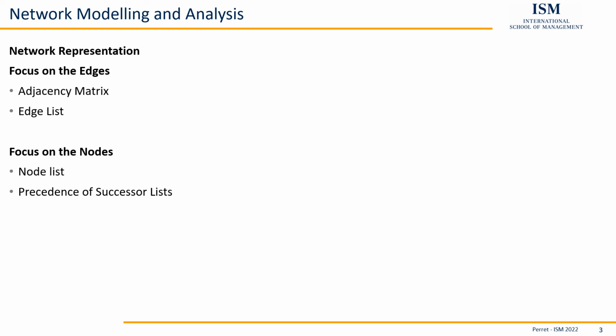That's a so-called precedence or successor list. So if I have some kind of flow diagram, starting at the left with the initial steps, ending at the right with the final steps, I can always note for each of the steps, which are also nodes of a network, who are the preceding nodes, who are the succeeding nodes in this flowchart. That would be a precedence or successor list.